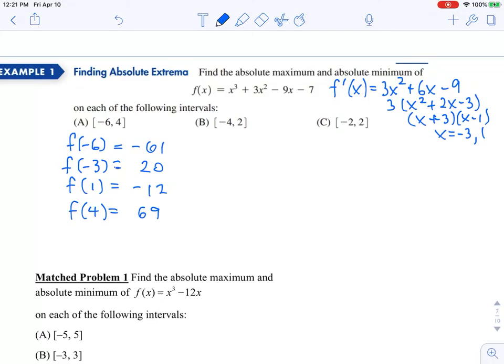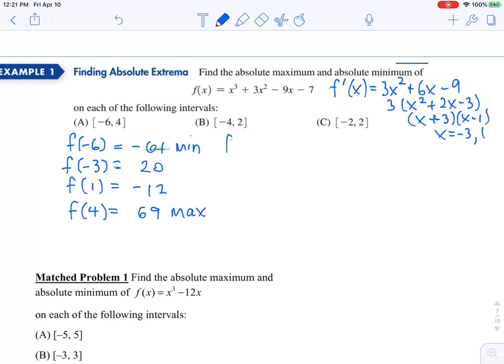And then you just look at the values and see which is the smallest value. So this would be our min, and this would be our max.